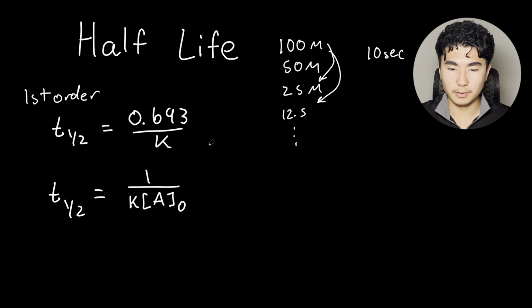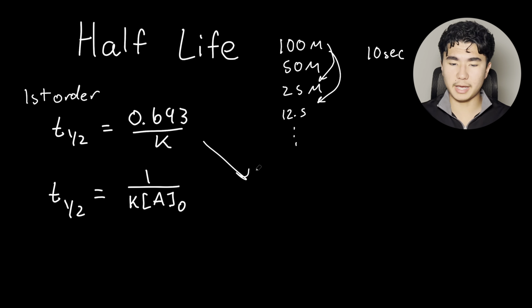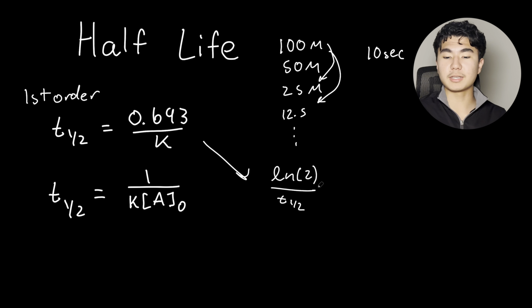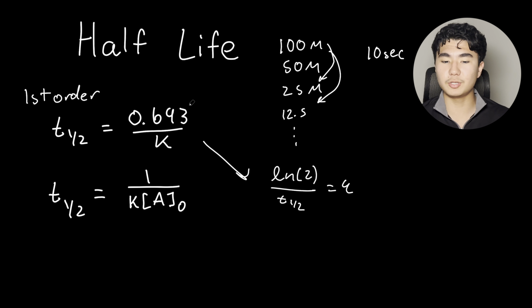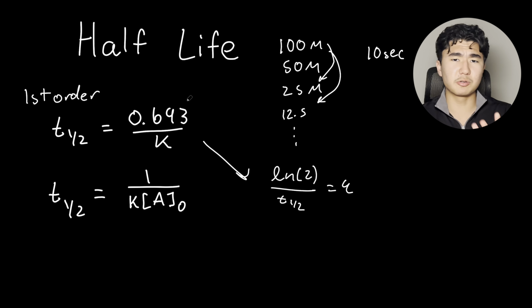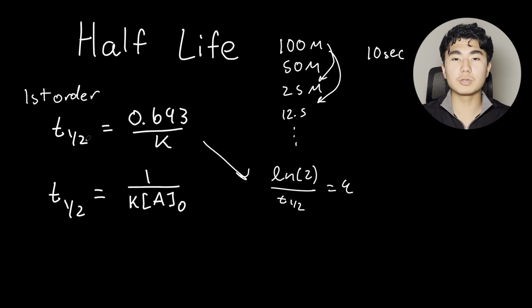Another way of writing this, to find your K, you could use ln of 2 over t 1/2, and that's just to find your K, but this is just to find your half-life. And 0.693 is literally just ln of 2, but you can just memorize it. It's just 3 numbers to memorize, so pretty easy. And this is to find your half-life, but specifically for first order.